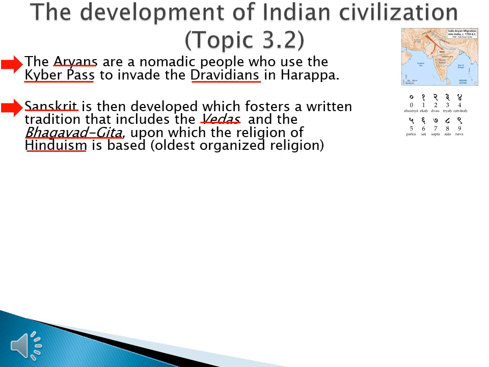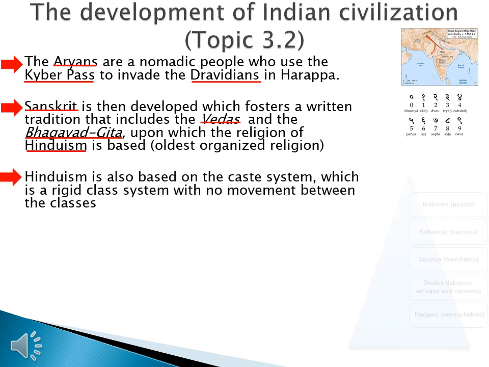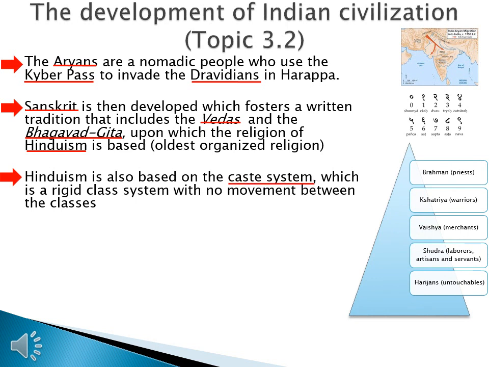Hinduism is the world's oldest organized religion. Hinduism is also based on the caste system, which is a rigid class system with no movement between the classes. You will be born a merchant, you will stay a merchant for your life, and you will die a merchant.